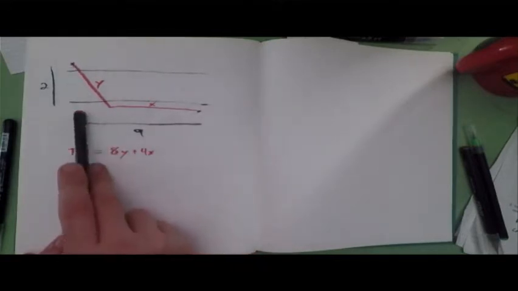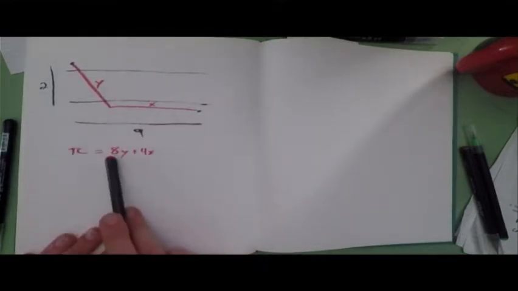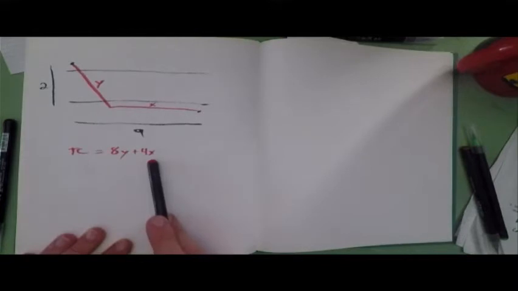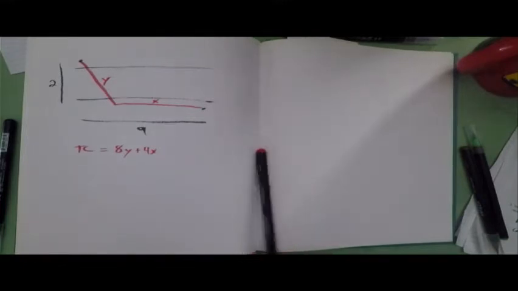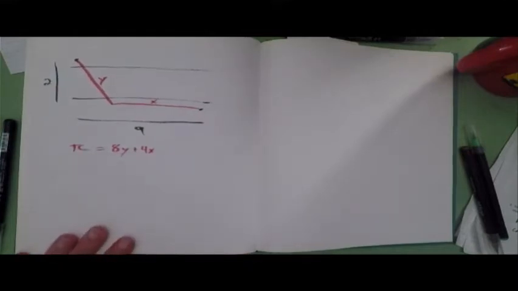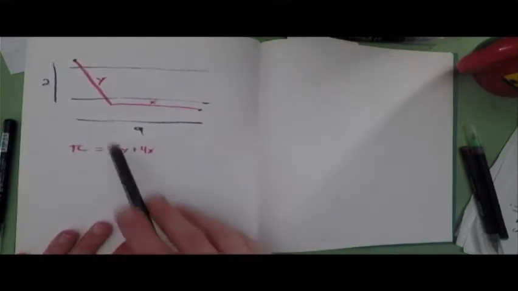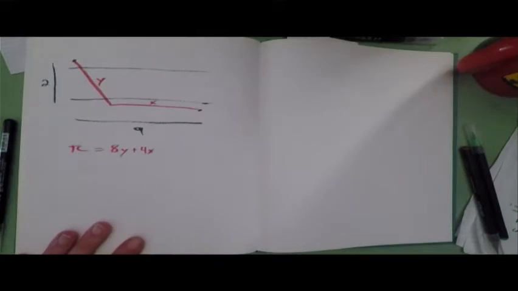You'd be spending 16 for this part, plus 4 times 9, which is 36, which is $52, or $52 million, or whatever this 8 represents. So 52 is one possibility.